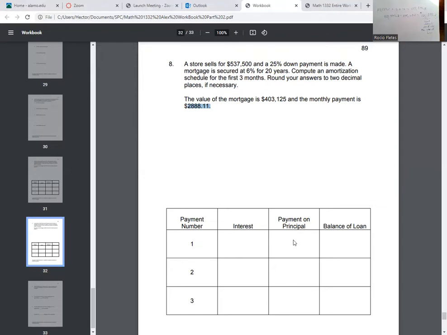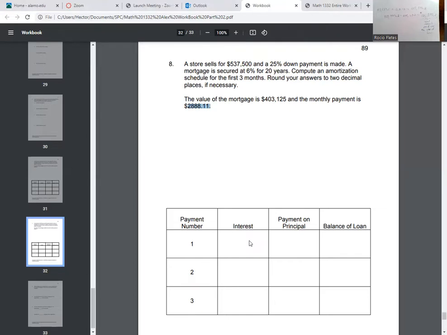In the beginning of the loan, most of it is going to go to interest, but every month, that changes. From month 1 to 2 to 3, the amount going towards interest is going to decrease as time goes by, and the amount going towards the principal will increase.